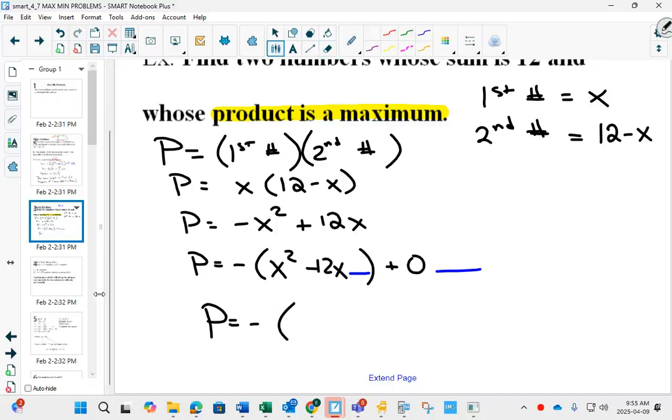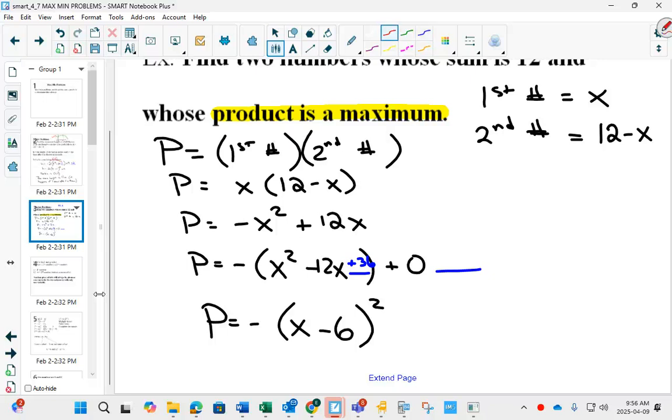And now we can complete the square with a minus 12x. What has to be inside the completing the square? Minus, so it's going to be minus. What number? 6, right? It's always half. Now, if there's a minus 6 there, there would have to be a plus 36 there.